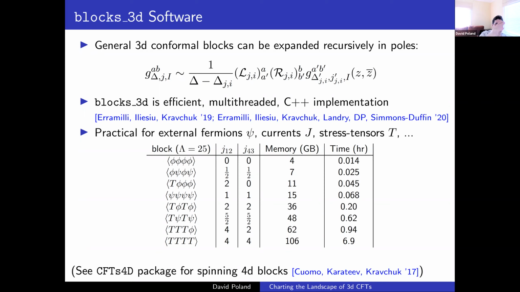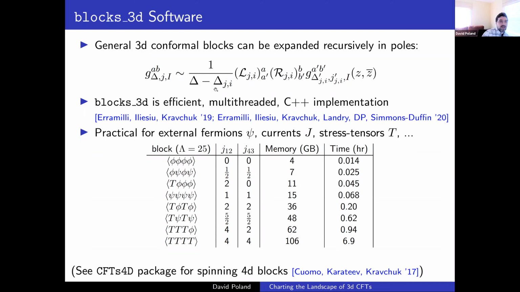As I mentioned at the beginning, we recently developed this new software called Blocks 3D, which gives you an efficient method for computing arbitrary conformal blocks involving spinning operators in 3 dimensions. This makes use of a kind of recursion relation that the blocks satisfy, where they can be expanded in a sum over poles in the exchanged scaling dimension.